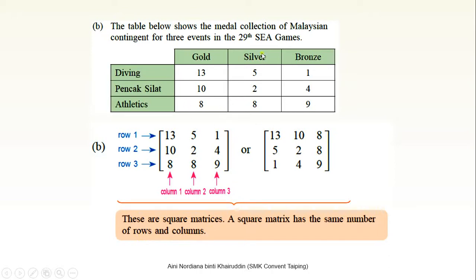Actually, this data you can write in 2 different ways. Have a look at this. This one, 1351, just follows the table, and this one, 1351, we write in a column.